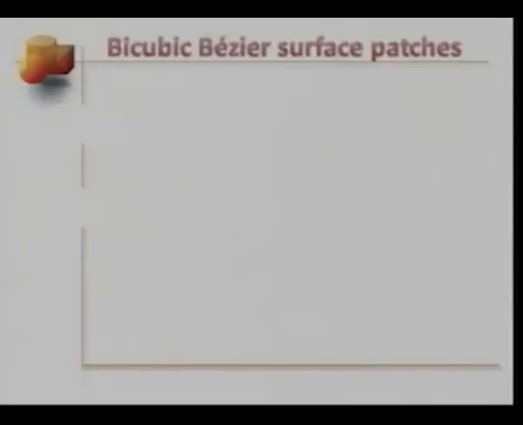Let's take an example of a bicubic Bezier surface patch. Here you will have degrees 3 in both u and v. So the mathematical expression is given by R of u and v equals the row vector u cube, 3u squared times 1 minus u, 3u times 1 minus u squared, 1 minus u cube.